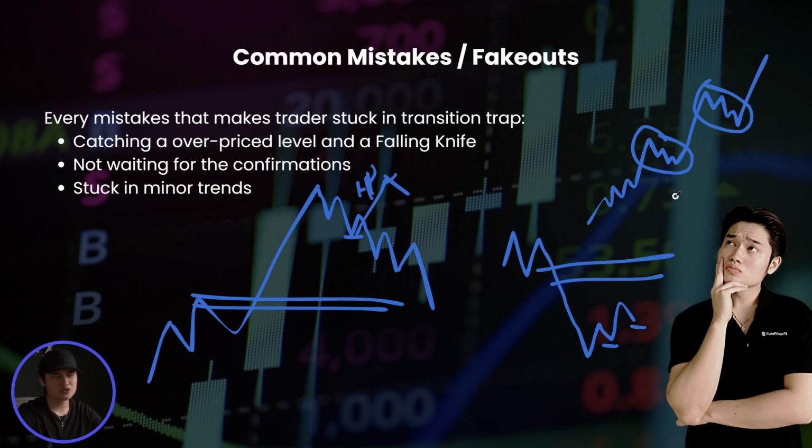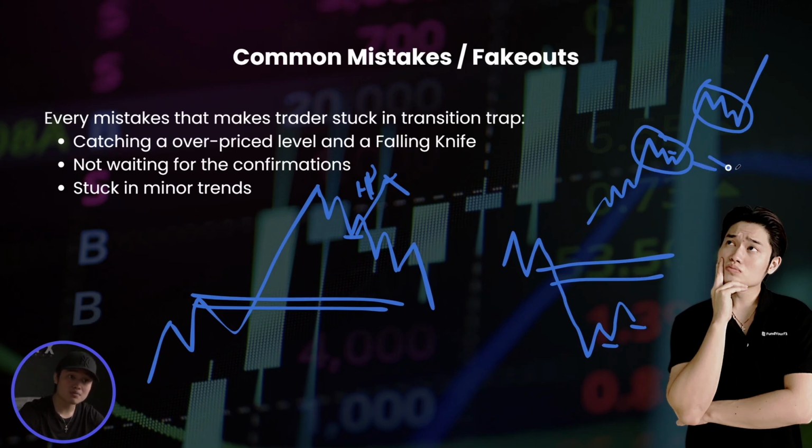After you look closely and only focus on the minor trend right here, you see that the price already made a change of character, a signal that the trend reversal might happen. Okay, you start entering here, but look, the price failed to continue lower as your bearish transition expected. Instead of creating the validation of the bearish transition, the price shoots up. Why? Because you are stuck in the minor trend.